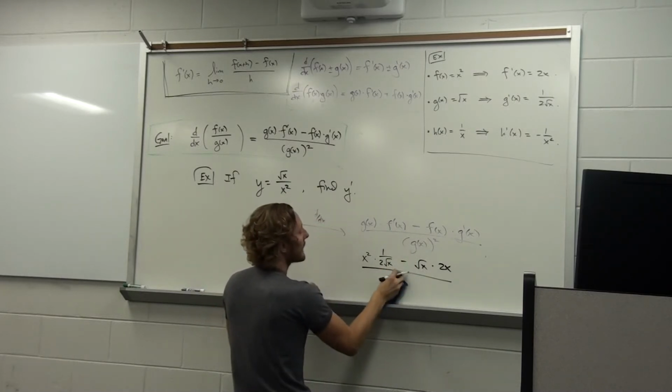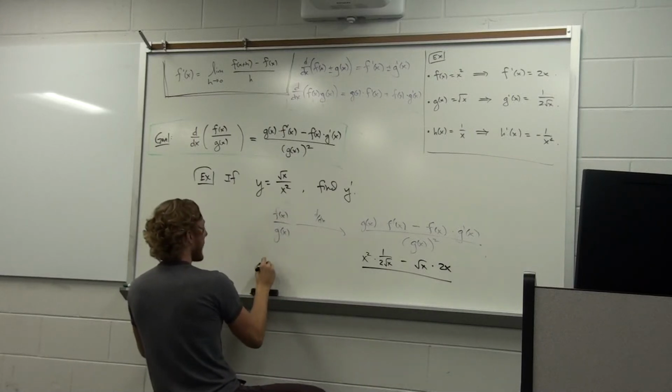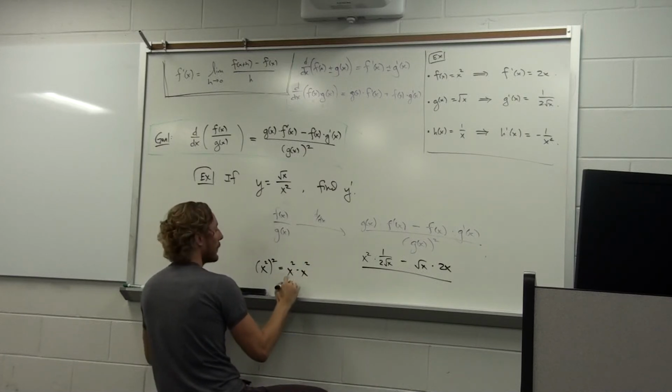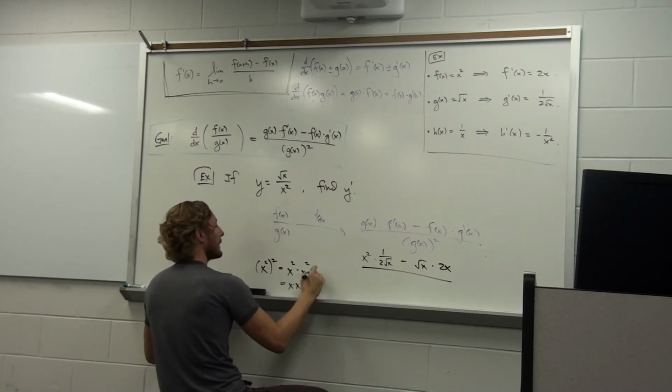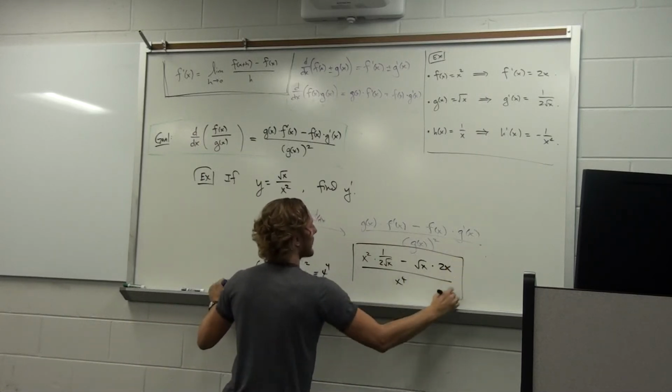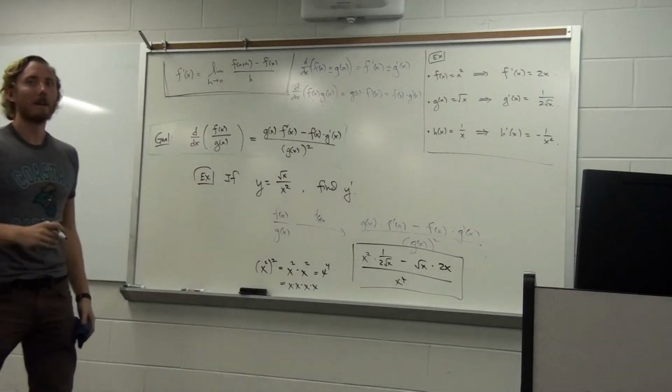Well, x squared times itself, you know that x squared squared is just x squared times x squared, which is a total of 2 x's times 2 more x's, which is x to the fourth. So let's just write it for what it is, x to the fourth, and we're done.